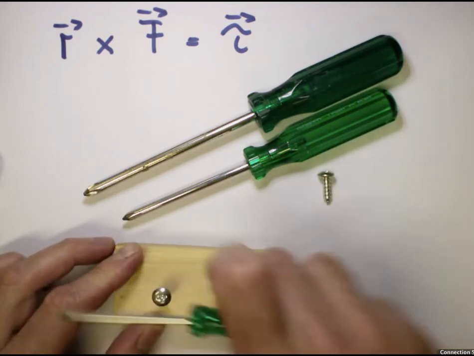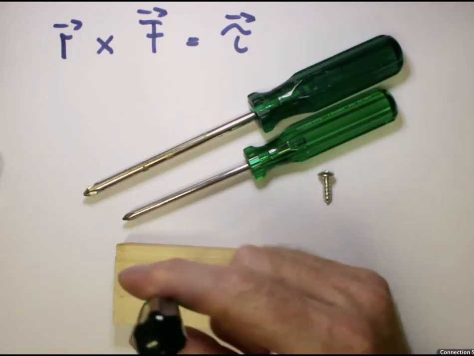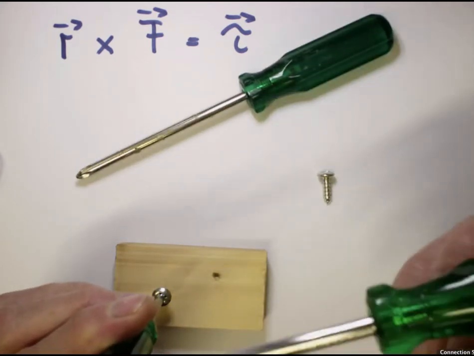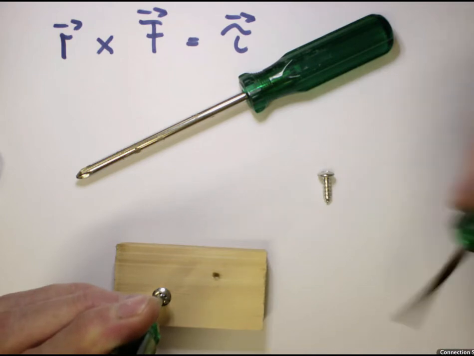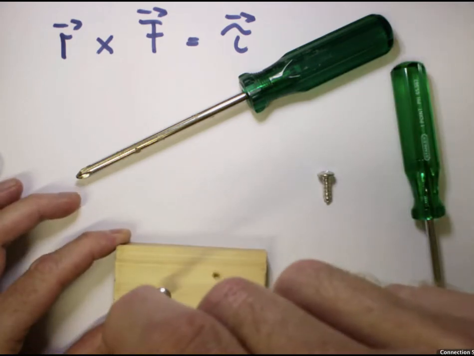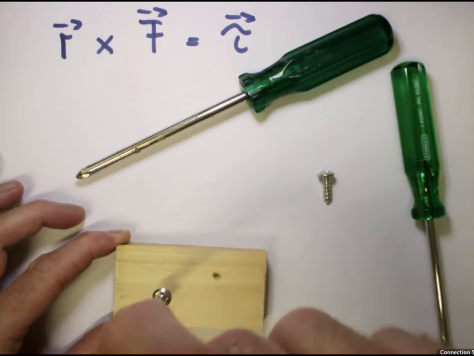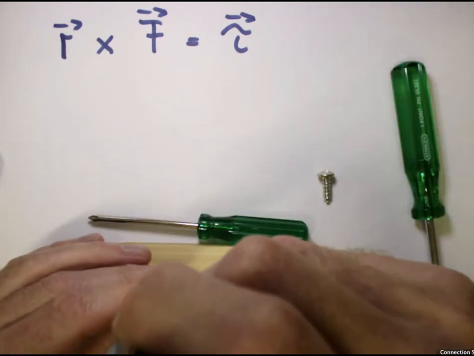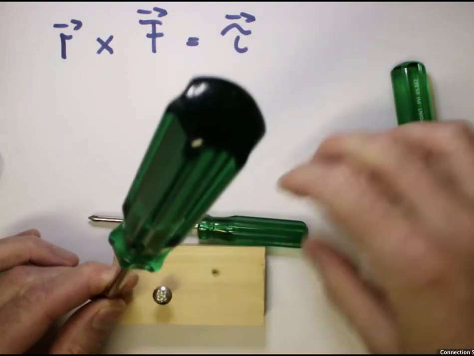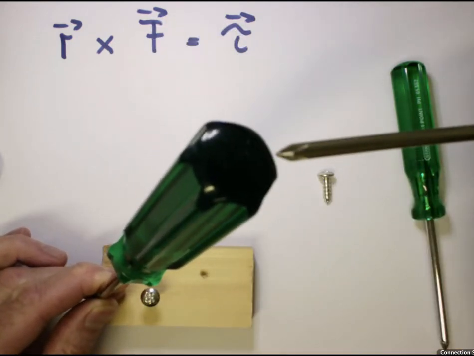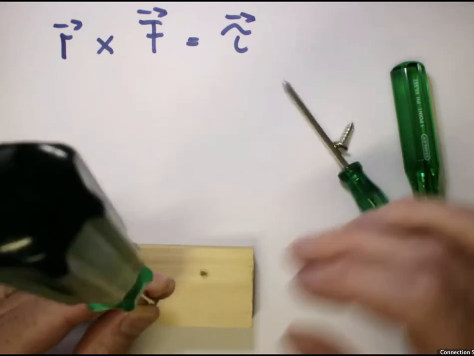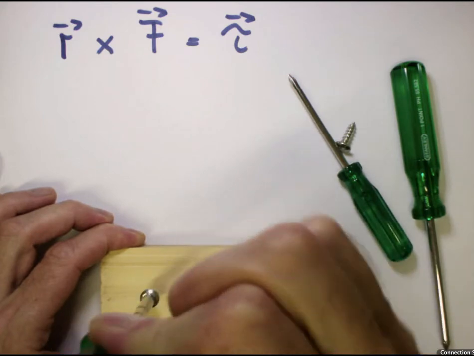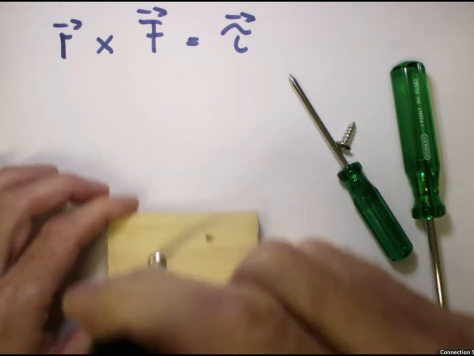If we take this screw and apply a small screwdriver like that, then you can see we have a small radial distance here, and if we try, it takes quite some effort to get that screw into the timber. If we instead apply this much larger screwdriver, which has a larger radial distance r, you can see now it's much easier for me to turn the screw into the timber.